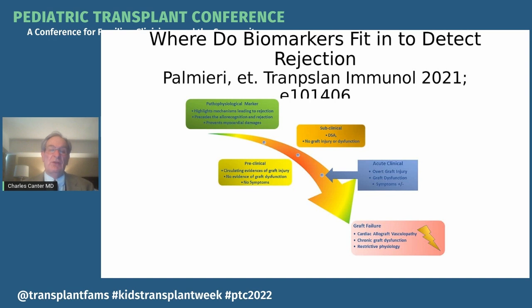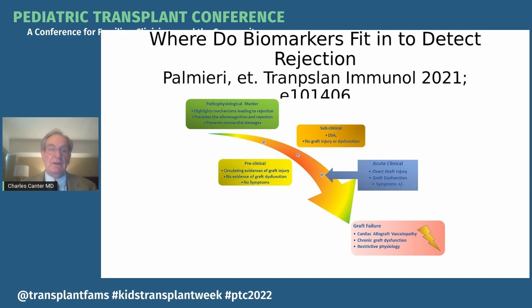So what you want to do when you're trying to figure out rejection is catch it not when you have acute clinical symptoms, not when you begin to have evidence of dysfunction of the graft, and certainly not when the graft's failing. You want to catch it here at the preclinical stage where you have evidence of graft injury, but normal graft function and no symptoms.